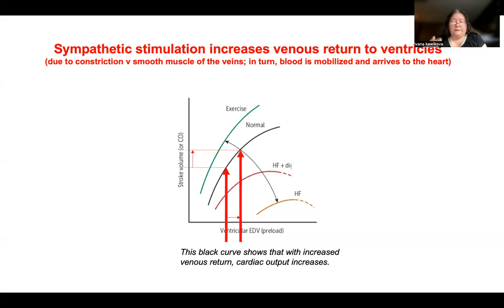So when increased sympathetic activity stimulates the nerves, these nerves cause vasoconstriction of the smooth muscle in the veins, and as the veins contract, they propel the blood going to the atria and ventricles. So the sympathetic activation is going to increase venous return, which is another way of increasing the cardiac output.